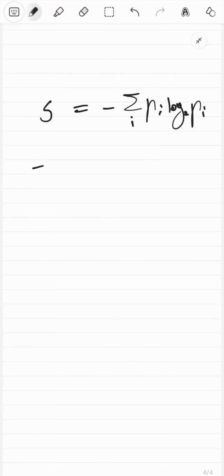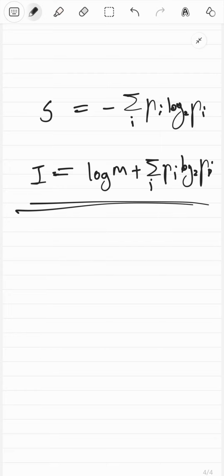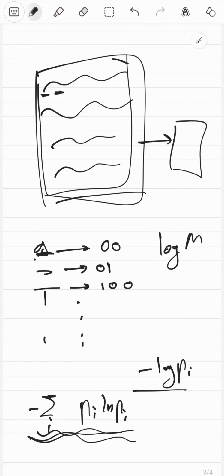So that's called the information. I'm going to denote it as capital I, and that's given by the worst case, which is log m, minus this guy, which is plus summation over i of pi log base 2 of pi. And so this is the information content of this message.